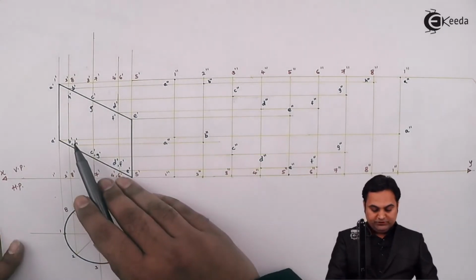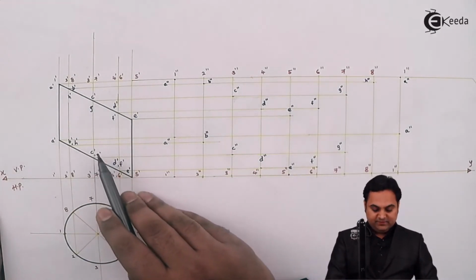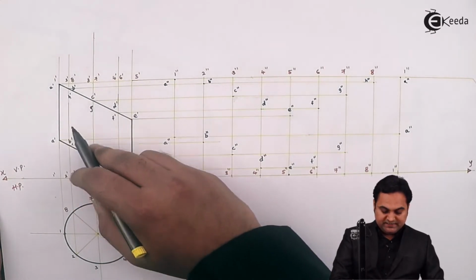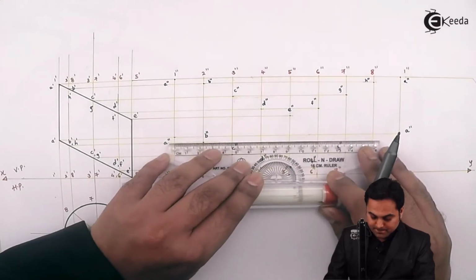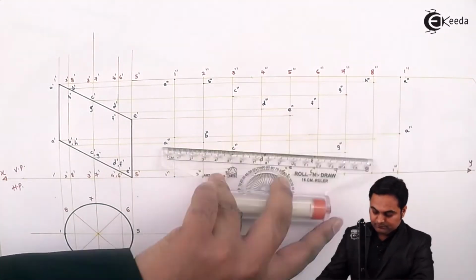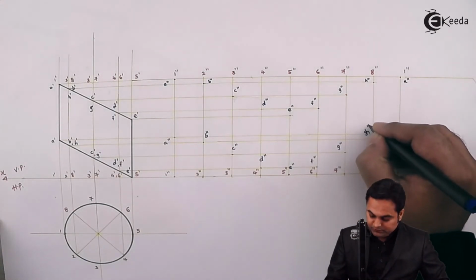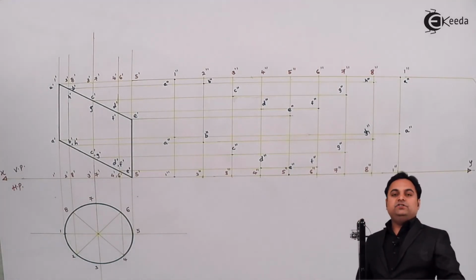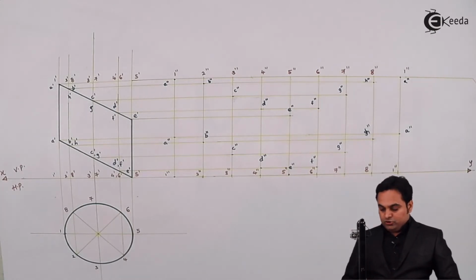Then point H and B are at the same level. B was cutting generator 2 dash 2 dash, whereas H is cutting 8 dash. Point H double dash.